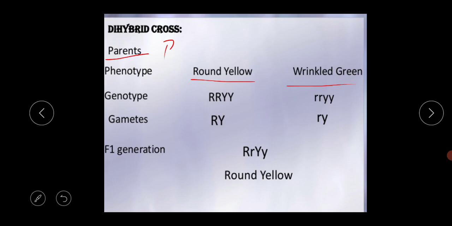There are two contrasting colors, yellow and green, and two contrasting shapes, round and wrinkled. So we have RRYY and small rryy. This is the dominant and this is the recessive.